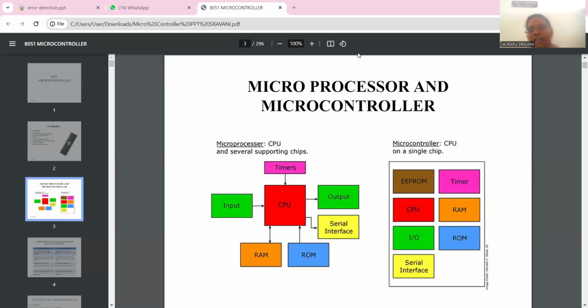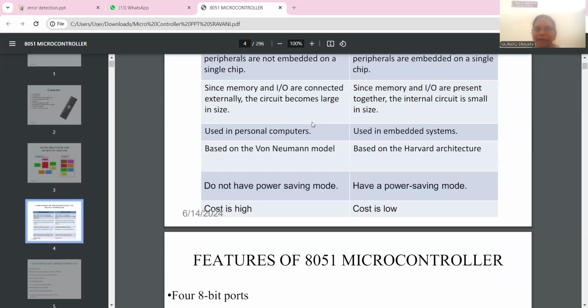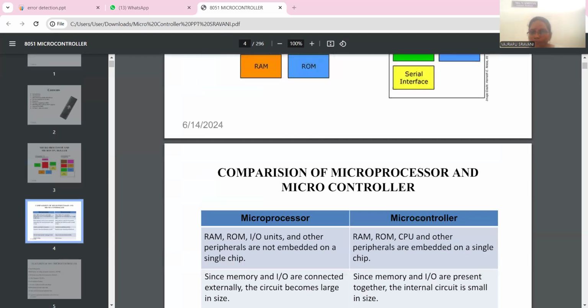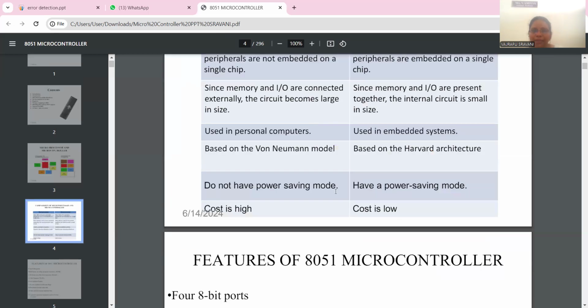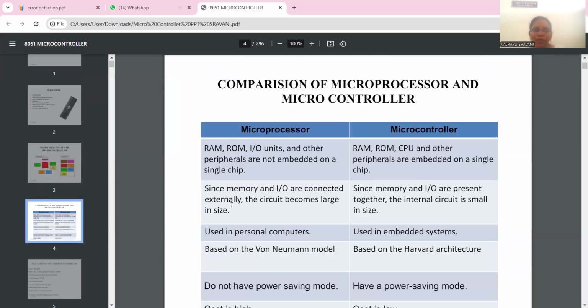All the peripherals are inbuilt in the microcontroller itself. So this is the difference between the microprocessor and the microcontroller.